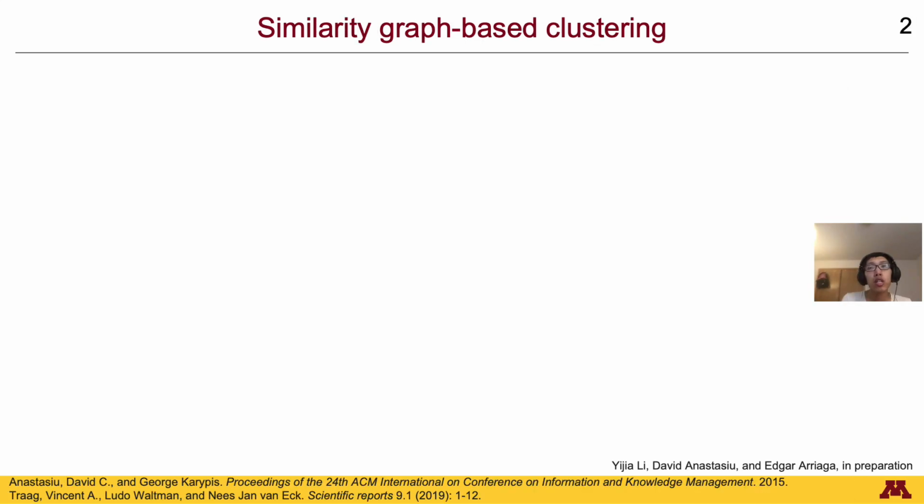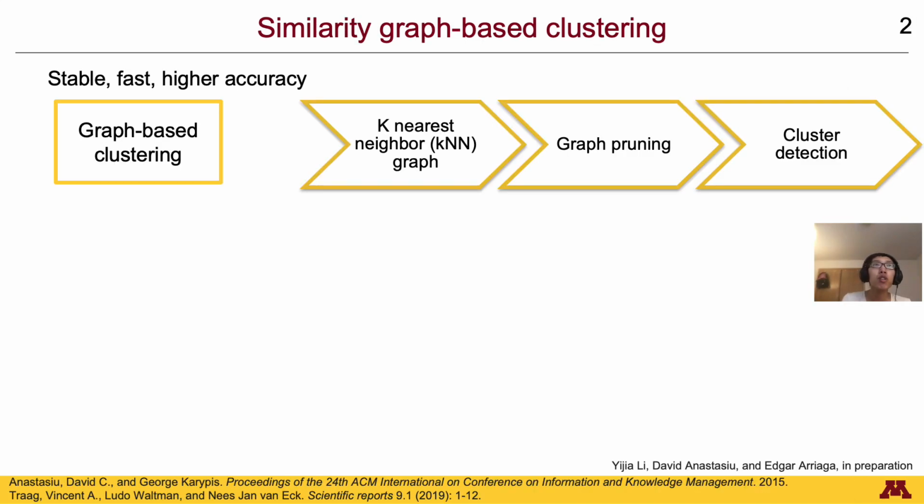And if we analyze how PhenoGraph is able to achieve that, you can figure out that it takes the strategy of transforming the original high-dimensional space into a KNN graph. And then on top of the construction of the KNN graph, PhenoGraph will prune the graph, and lastly use the pruned graph for the cluster detection.